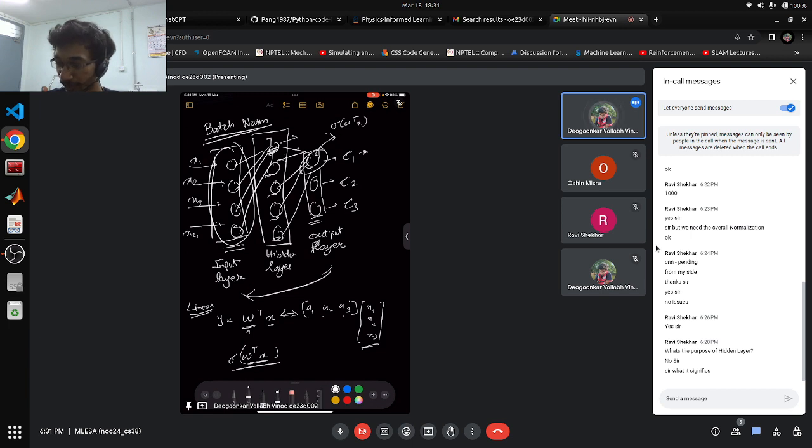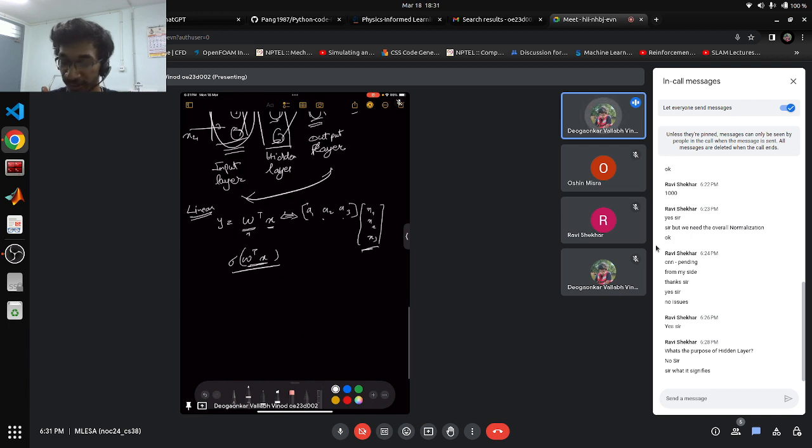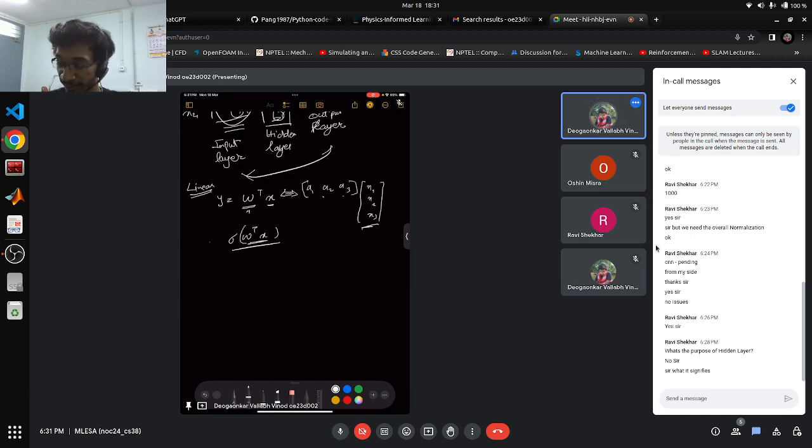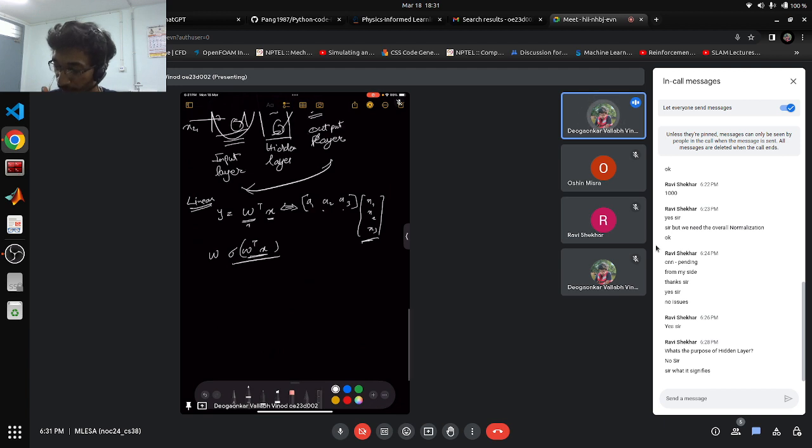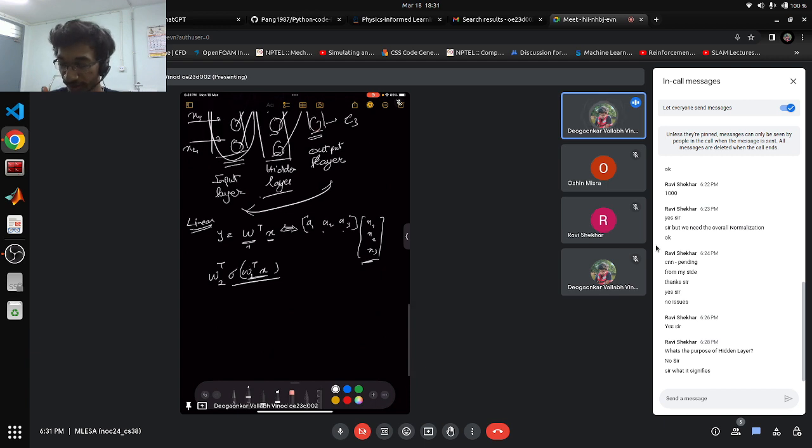Maybe this I should call something different. I will call this H, since it's the hidden layer's neuron values. Okay, as you can see, we have added complexity. So maybe I will call this W1 transpose X times W2 transpose, because of the second layer.